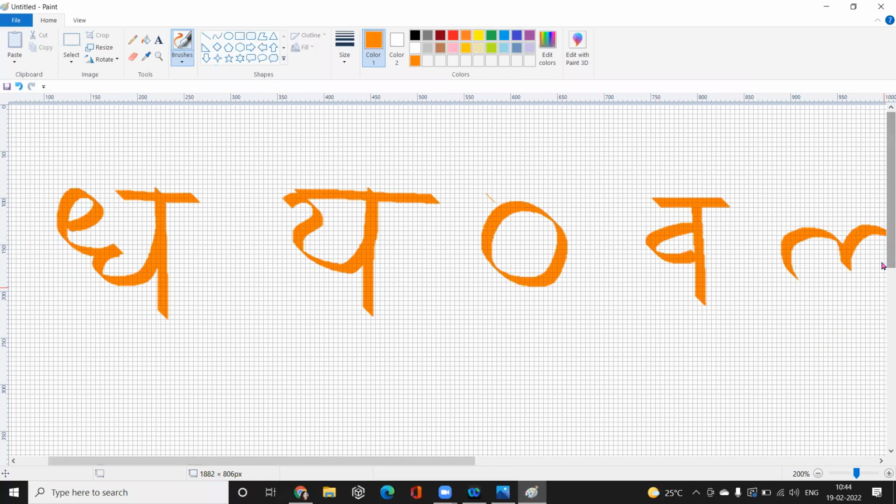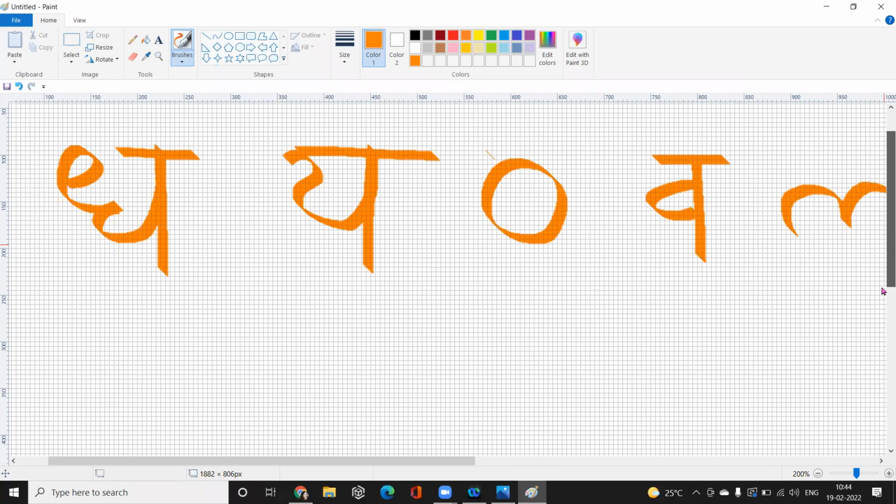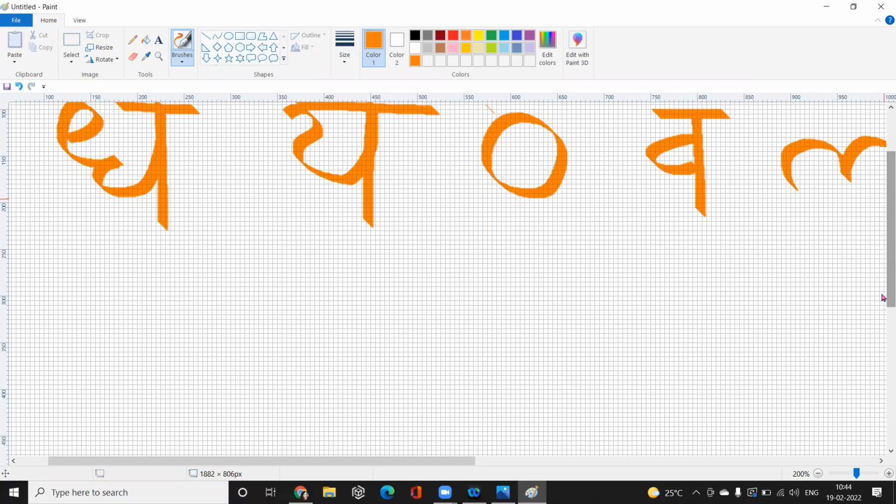When they are written with the matra ra, so usually you must have seen, as you have done in the conjuncts, that dha takes the shape of this when written below any conjunct. But when we write it with the matra ra, this is how it will be written.